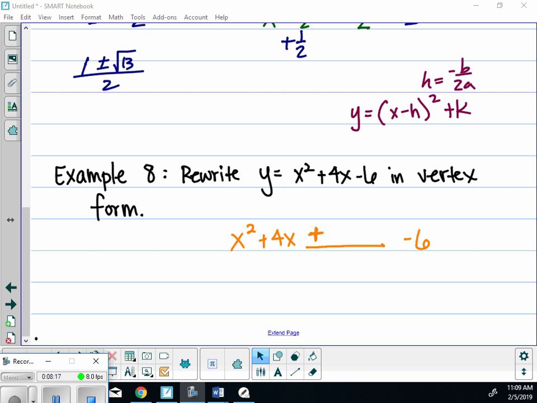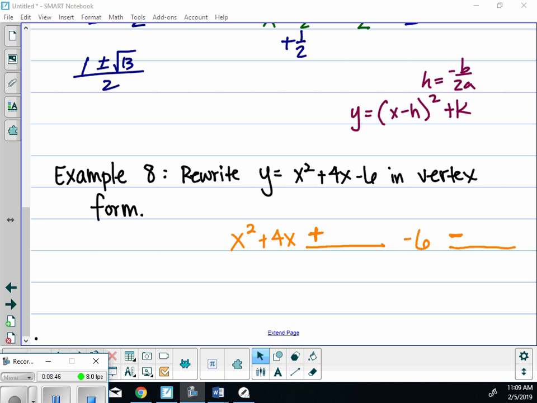And since I can't just add it to the other side because I'm not solving the equation, I'm going to subtract it over here. So I'm going to add a number in and I'm going to subtract a number out. Keep it all even. Okay. And so I recommend setting it up like that so you remember what we're doing.